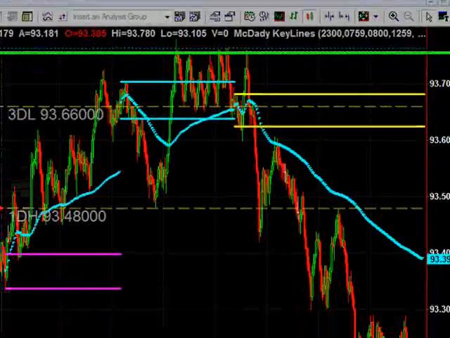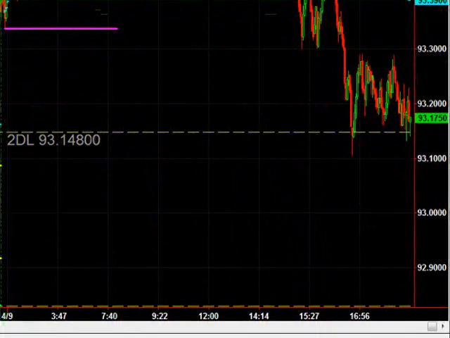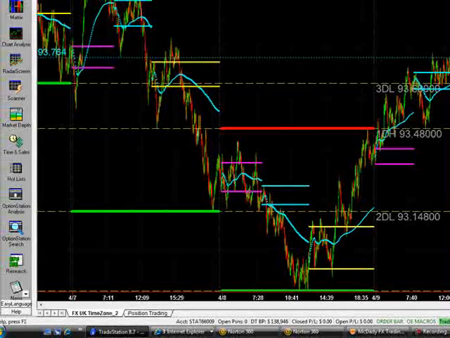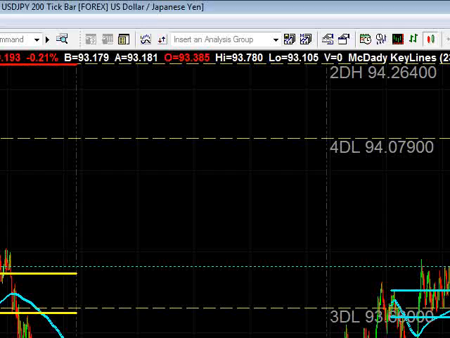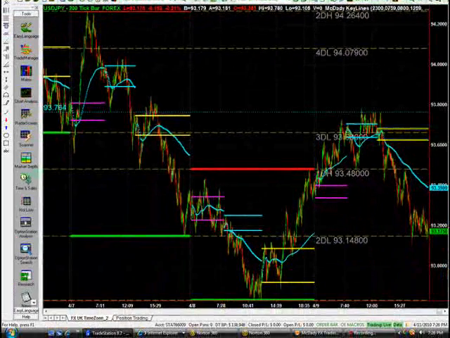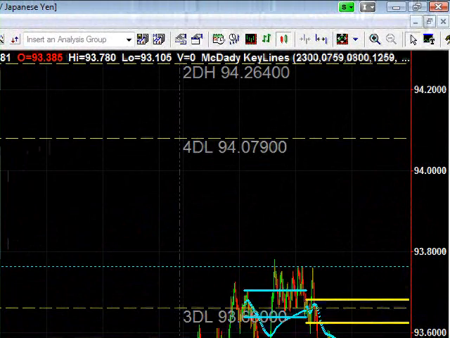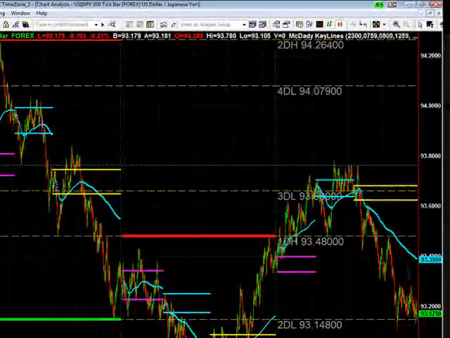You do not want to take a short out of the range in Tokyo unless it trades below the 92, because right now you have your move to the upside, and it came back and sat at the 93.18. So we do not want to be pressuring the short side unless it takes out the 92.80.